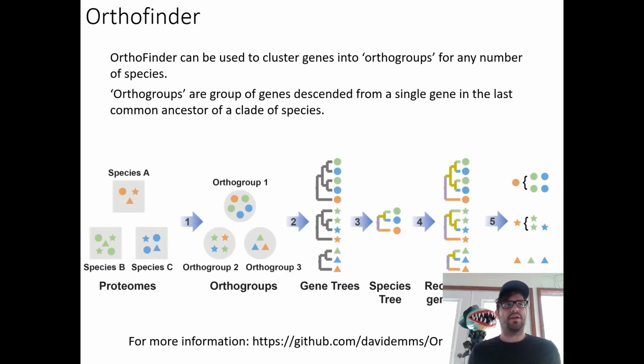And so there's a program that we use to identify orthologous genes across genomes, and the most common one that's used is called OrthoFinder. And so this can be used to cluster any number of genes into orthogroups, or genes that are descended from a single gene in the last common ancestor of a clade of species. And so you could think of this like, for example, disease resistance genes.